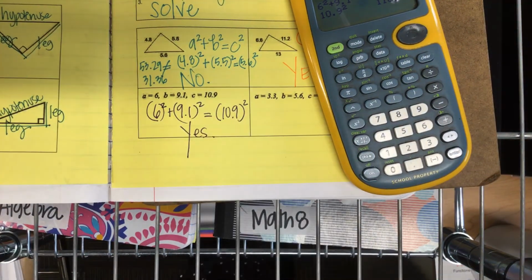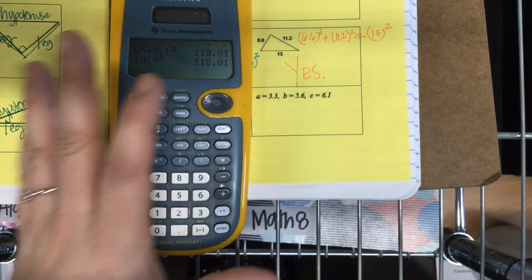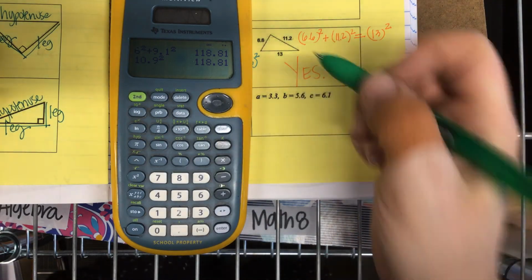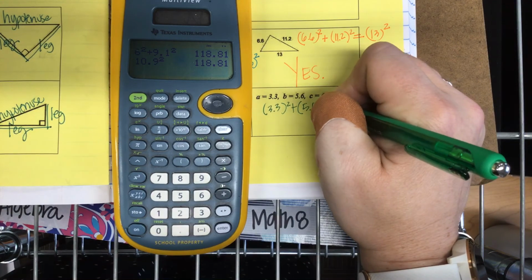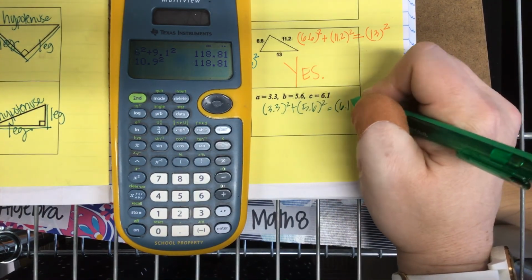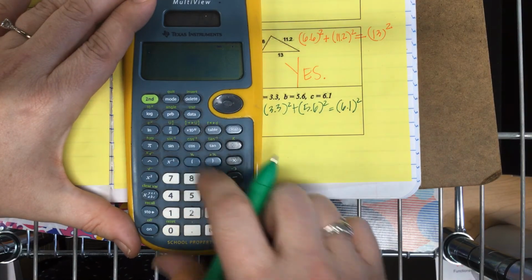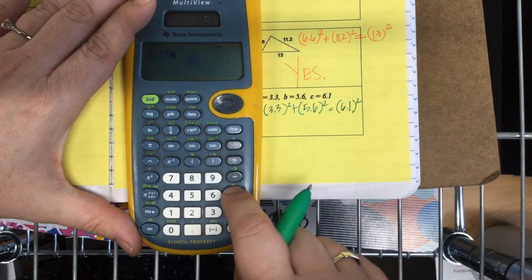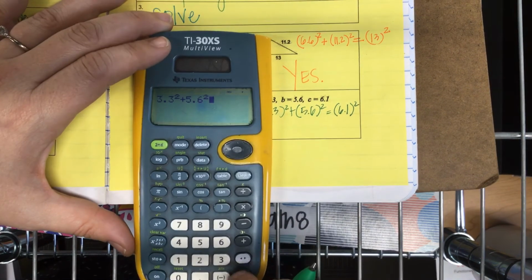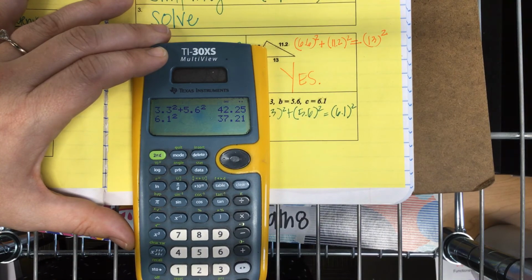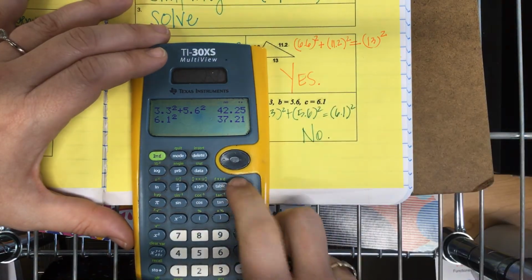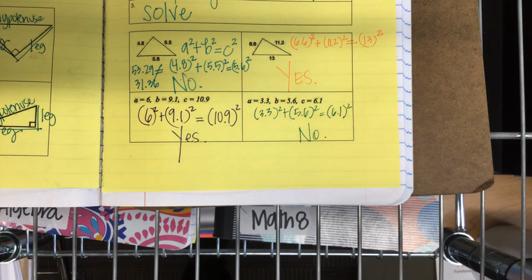Yes, that worked. And then this one, 3.3 squared plus 5.6 squared, 6.1 squared. So we are identifying, do the three measurements make a right triangle?